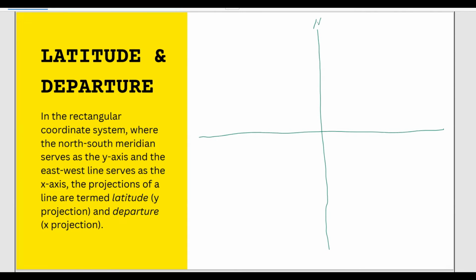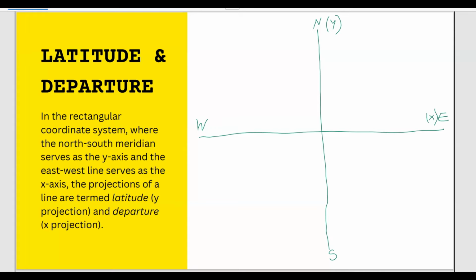So we have north, south, west, east. And as the definition tells us, north-south we know as the y-axis, and west-east we know as the x-axis. I'm just going to put it here to make it easier for you to visualize.